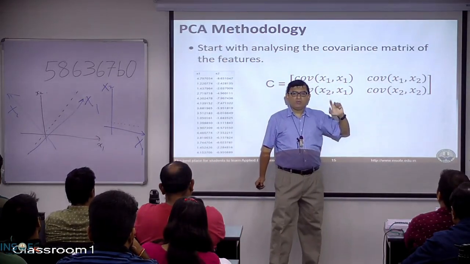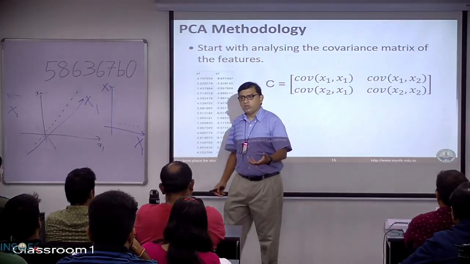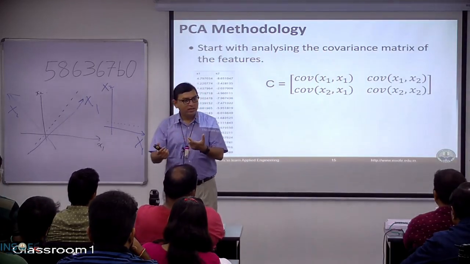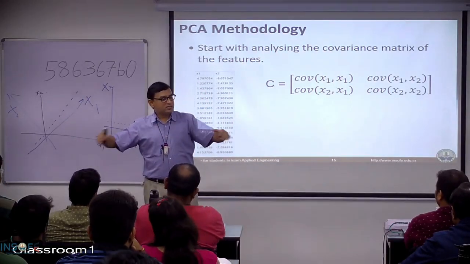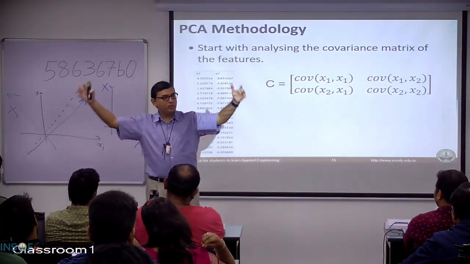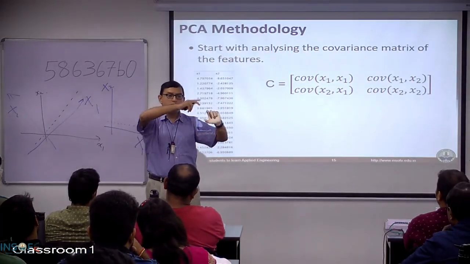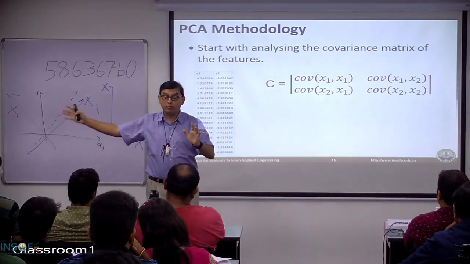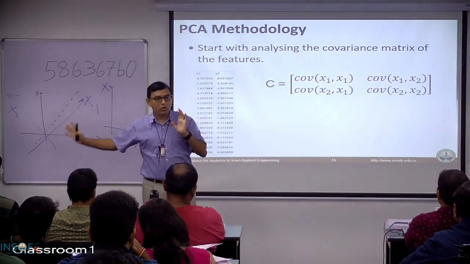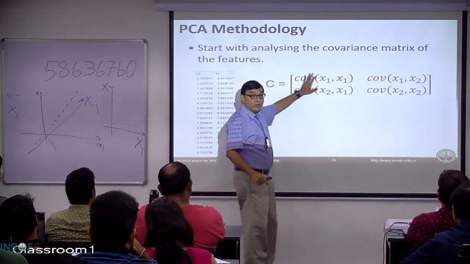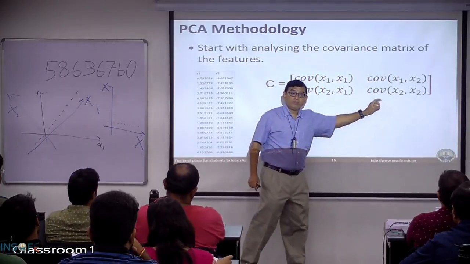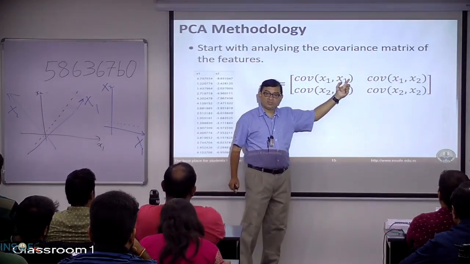What is a matrix? We talked about covariance for individual variables, right? Well, if you have 10 variables, the covariance matrix contains the pairwise covariance between all of them. So this is the covariance matrix. Along the diagonal is the covariance of x1 with itself.